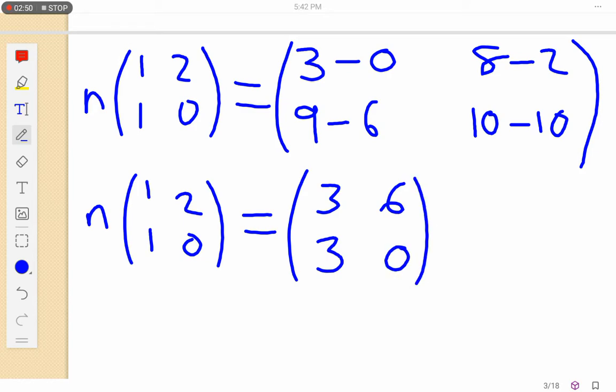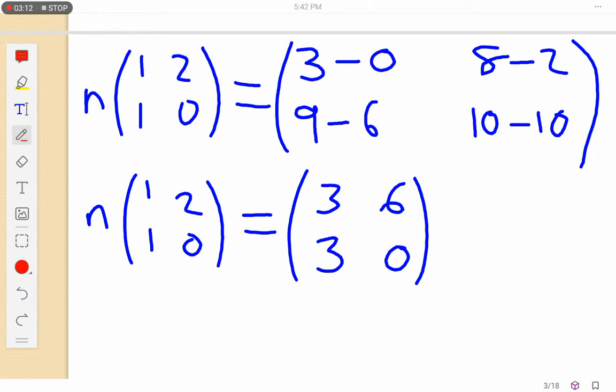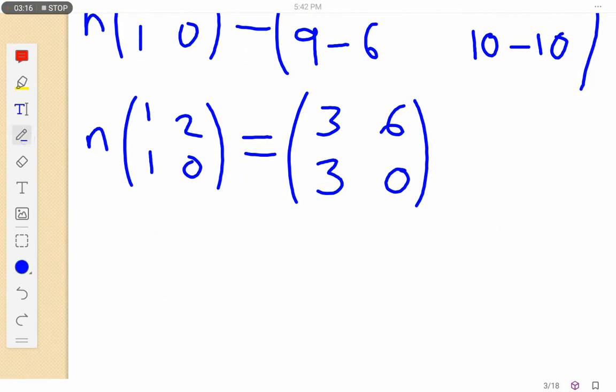Now we want to match this matrix here to this matrix that side. So we are going to factor out something. We have got a common factor, 3 there. 3 can go into all these numbers. Okay, so let's do that. If I factor out 3, I'll have n 1, 1, 2, 0.